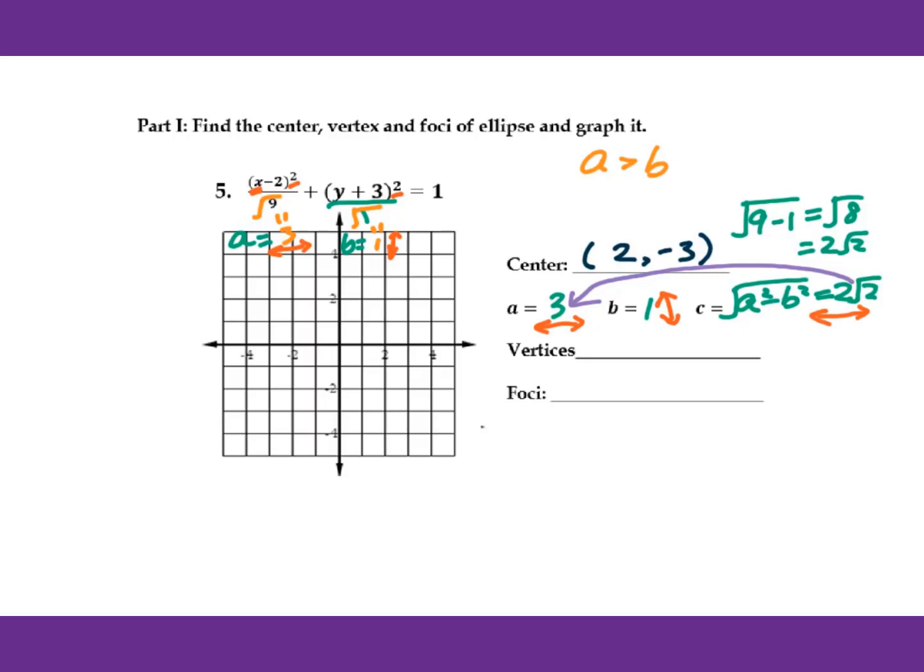Now we can sketch the graph. Center 2, negative 3 is here. Go right 3, left 3. That's the vertex. Then go up 1, down 1. Then you connect the points.